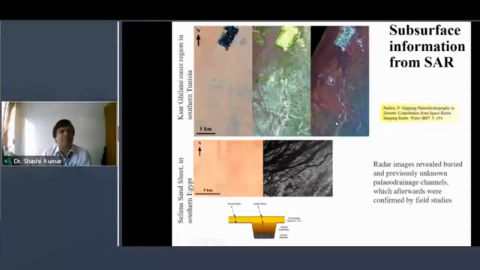This data set was acquired with the help of an airborne SAR sensor. Again, there are two data sets, one from the optical multispectral and another from the SAR. One can easily see that the SAR data set is showing this paleo channel information due to the subsurface penetration capability.